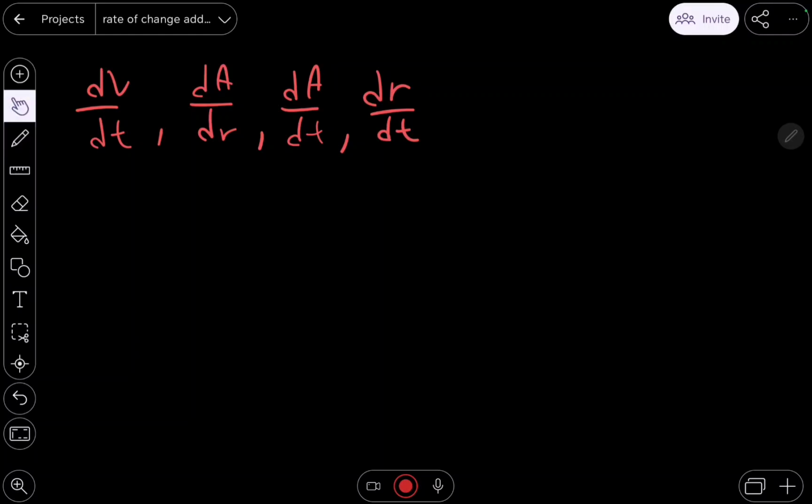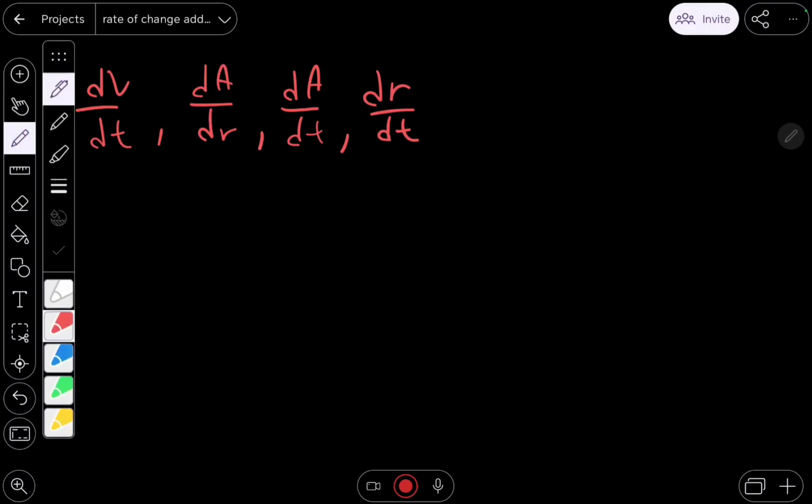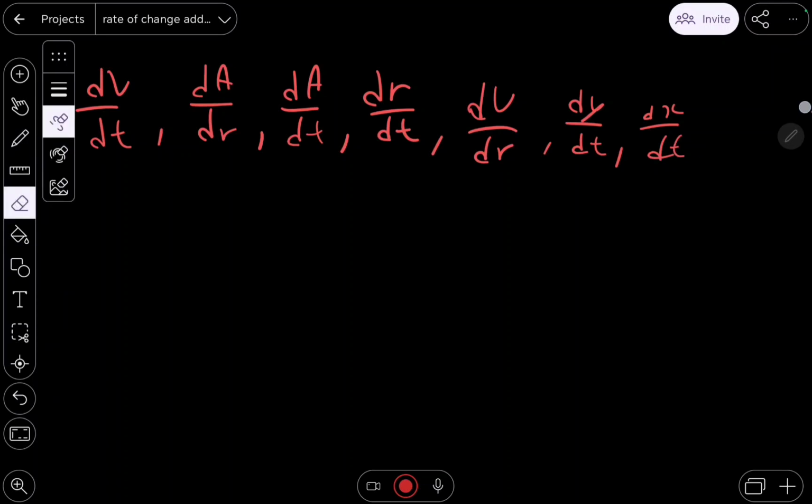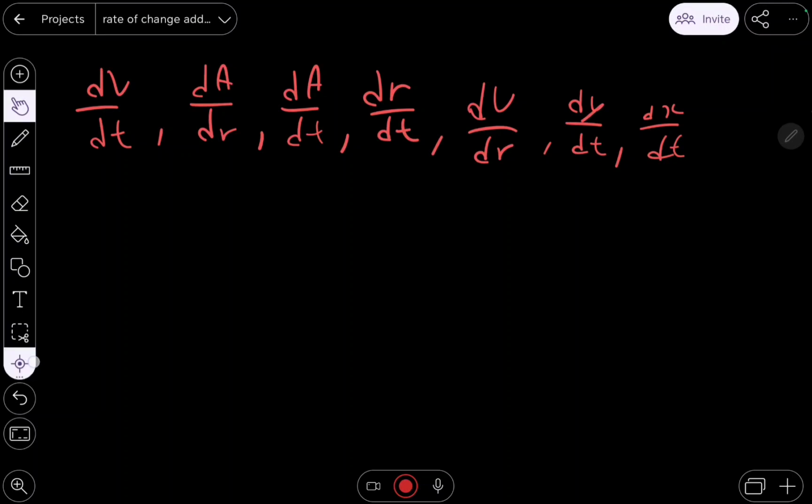And maybe one more, let's just say dV/dr. Or let's say maybe dy/dt, can be dx/dt as well, etc, etc, yeah? Alright, so what I think about what school teachers say is that yes, you will have to use them, but how all these variables come about is from the question.